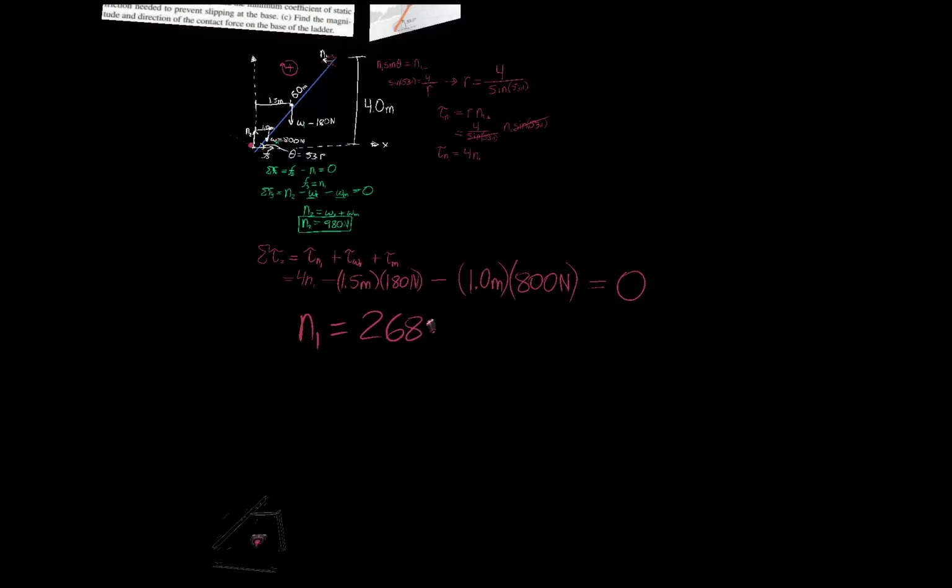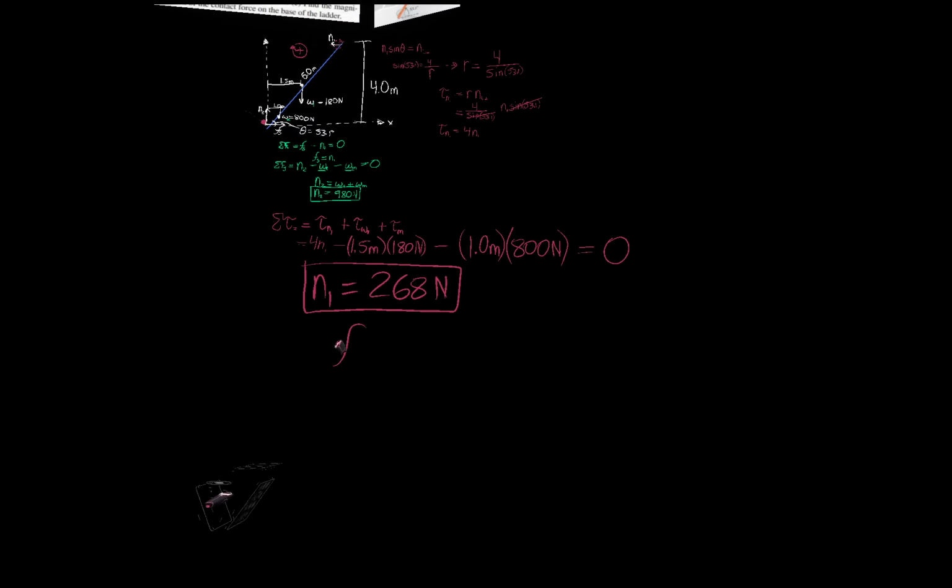268 newtons. All right. And then we can use that to go back and plug it in to solve for F sub s. And they were equal to each other. So F sub s, the static friction force, is equivalent to that.